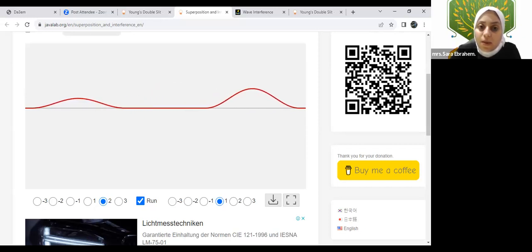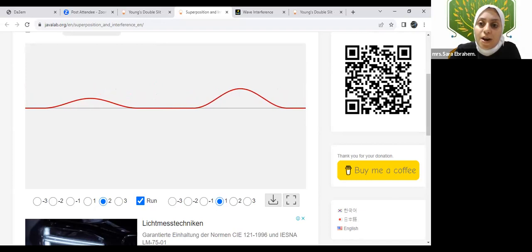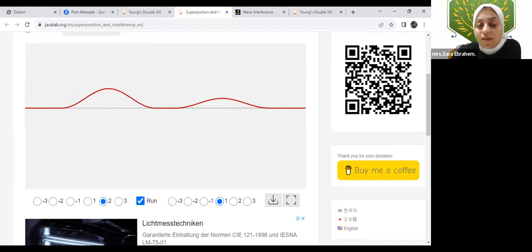What happened? Crest meets crest, so the amplitude becomes greater, and that gives a bright fringe. That's called constructive interference.